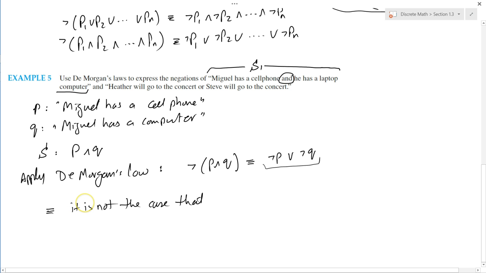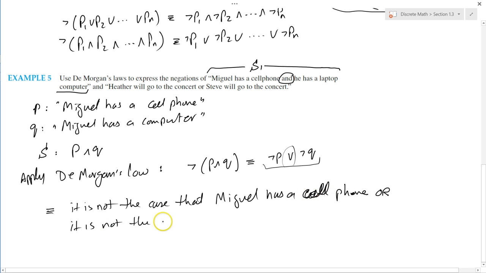P, of course, which is Miguel has a cell phone, C-E-L-L, phone. Okay, and we'll translate this into or, and not Q. Not Q is, according to the definition, it is not the case that Miguel has a computer.